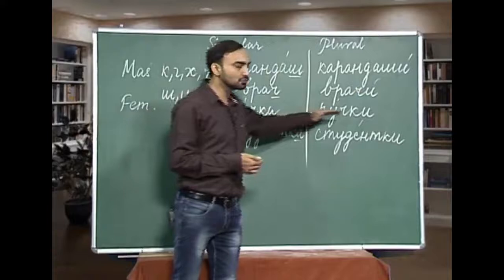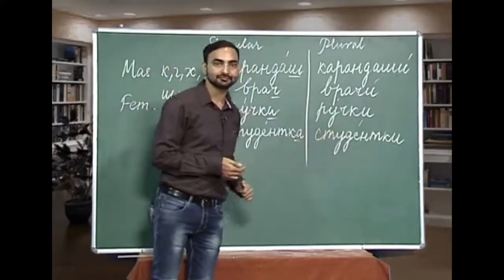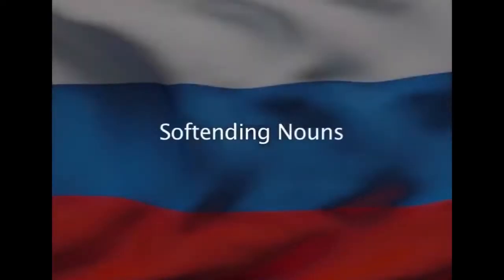Ruchka, ruchki. Studentka, studentki. So, we have learnt how to make plurals of the hard ending nouns. Let us move on to the nouns with soft endings.